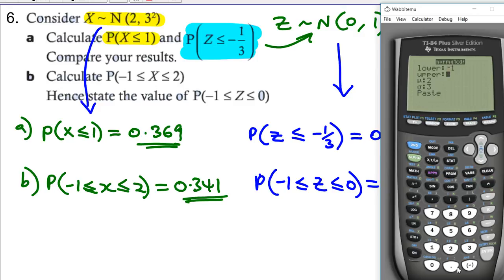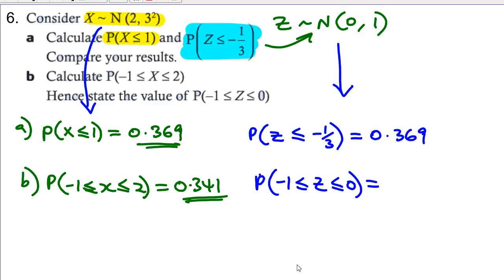Negative 1 to 0. The mean is 0, standard deviation is 1. You end up with the same answer, which is 0.341. All right.